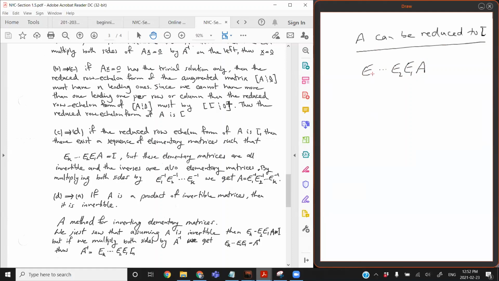So I can perform a series of row operations, first E1, then E2, all the way to EK, and eventually I'll get I. Make sense? That means this part here is actually A inverse.